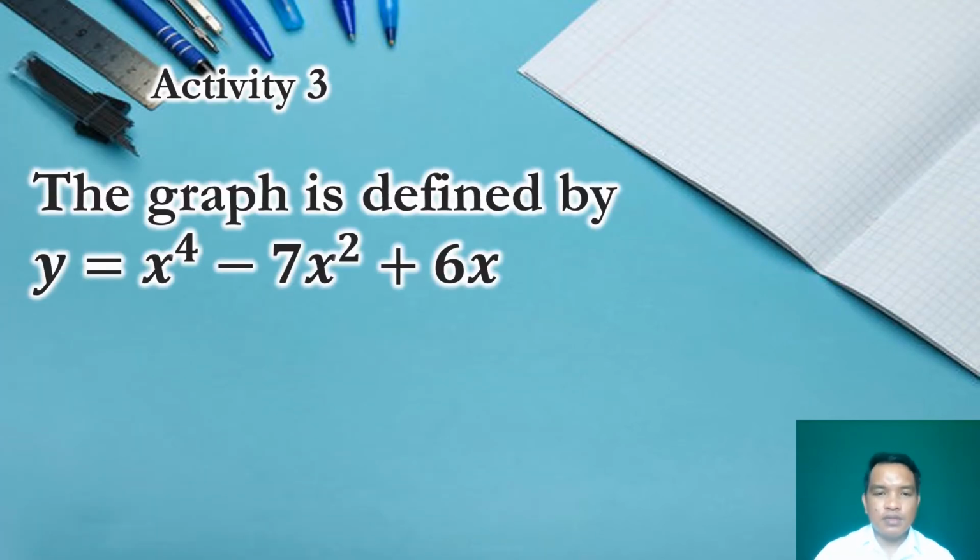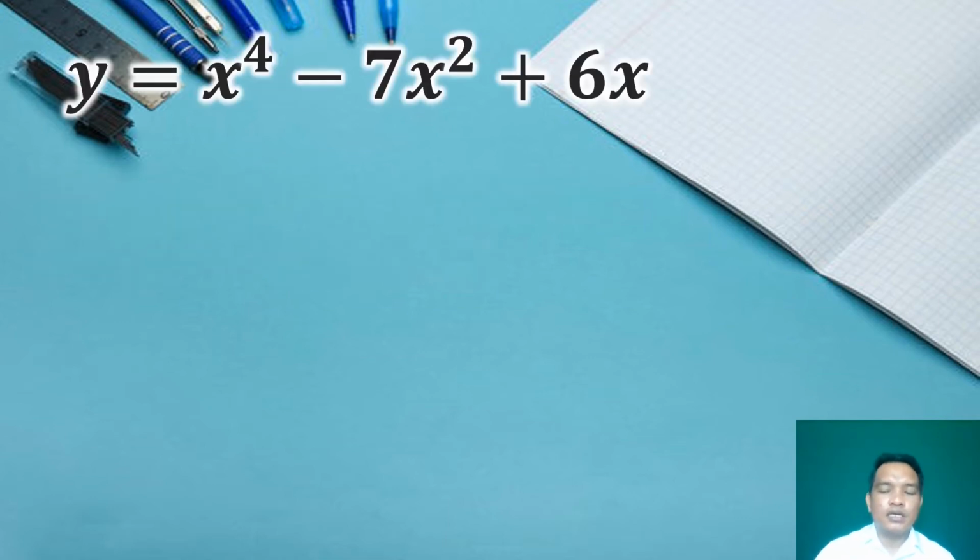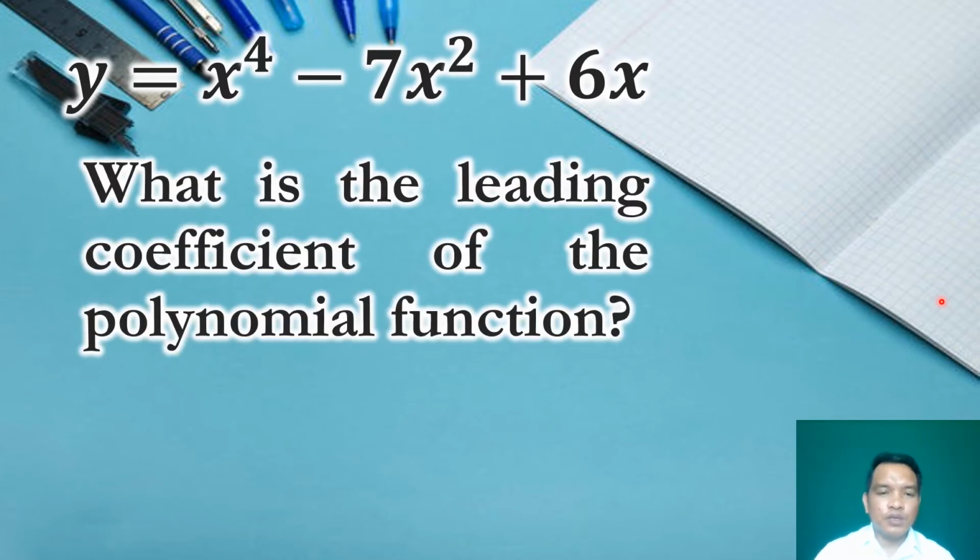Activity 3. The graph is defined by y is equal to x raised to 4 minus 7x squared plus 6x. Let us analyze this given polynomial function. What is the leading coefficient of the polynomial function?